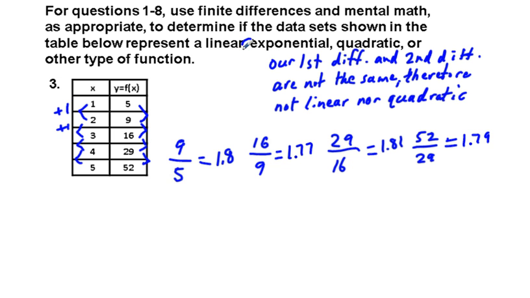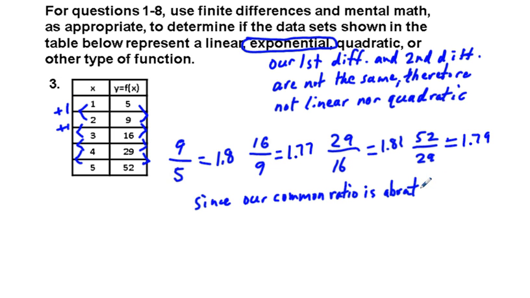So we say, I don't know if we could say exponential quad, but we could say very close to exponential. Since we know our common ratio is, but we don't have an exact common ratio, right? 1.8.